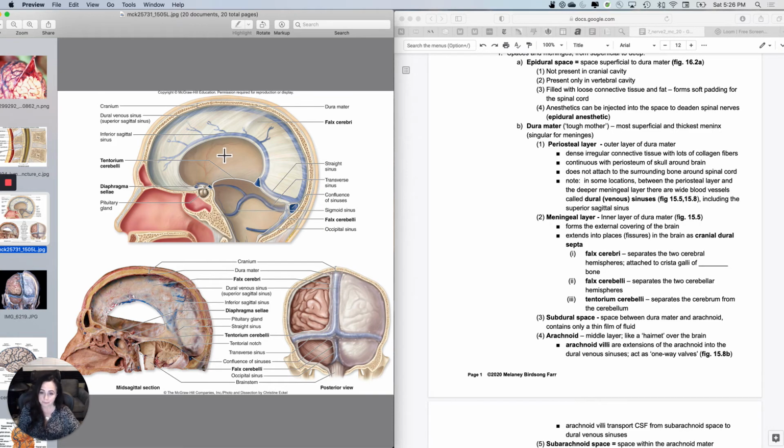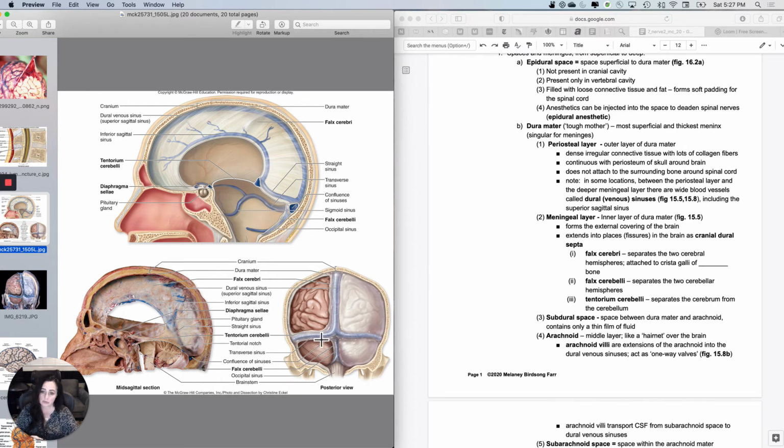And then there is a little bitty partition right here that's between the two halves of the cerebellum. And you can see it right here as well, and that's called the falx cerebelli. And then there's one that goes lateral like this, that actually folds and separates the cerebrum from the cerebellum, and you can kind of see it right here, and also right here.